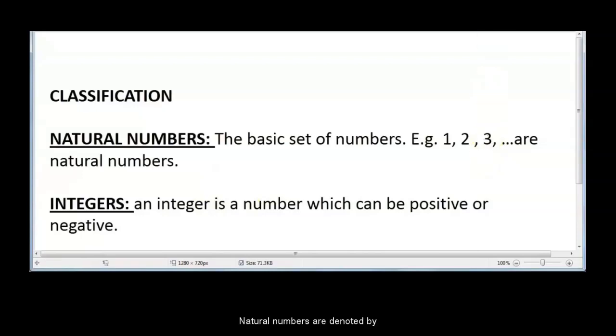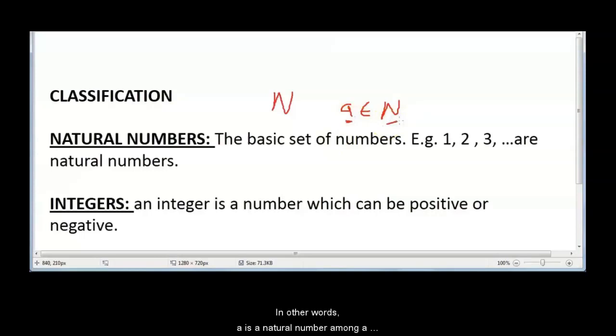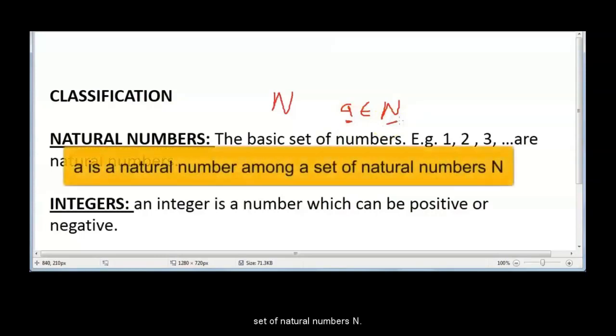Natural numbers are denoted by N. So if we write a belongs to N, we mean a is a number of set N. In other words, a is a natural number among the set of natural numbers N.